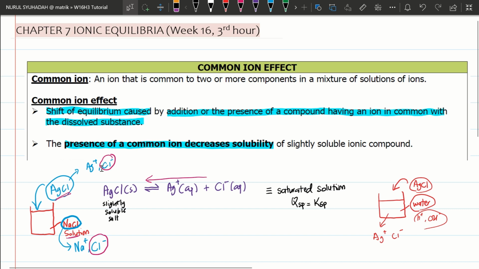So bila dia shift, kita tambah Cl- tinggi, equilibrium position shift to the left to produce more AgCl. Jadi in other words dekat sini, bila AgCl lagi banyak, AgCl ni adalah awak punya precipitate kan? So bila AgCl yang banyak, kita cakap lah solubility of AgCl will decrease. Okay, so this is overall on how the common ion effect works.